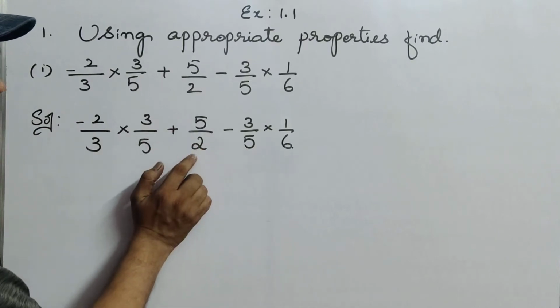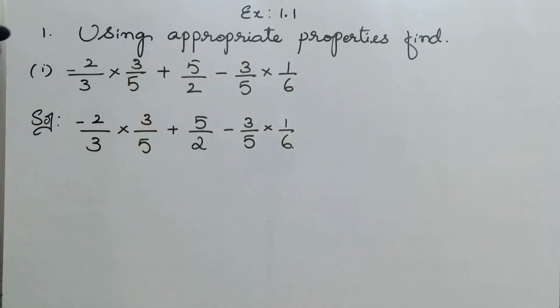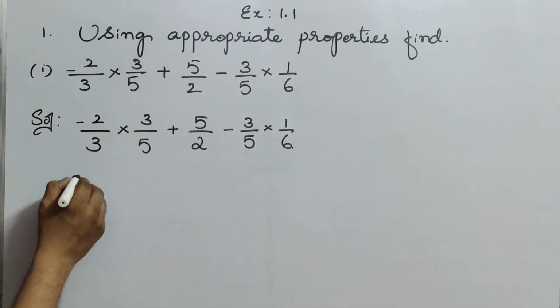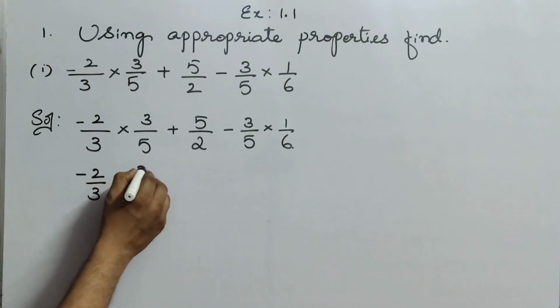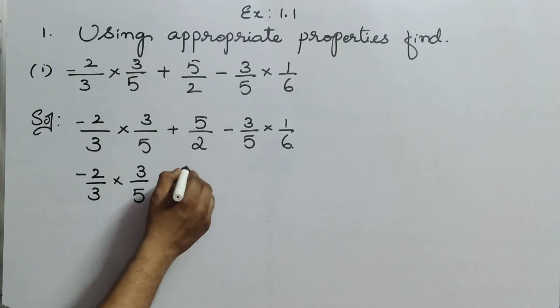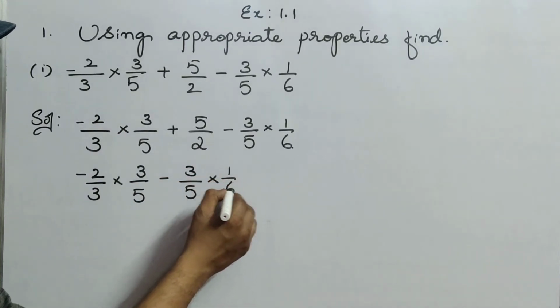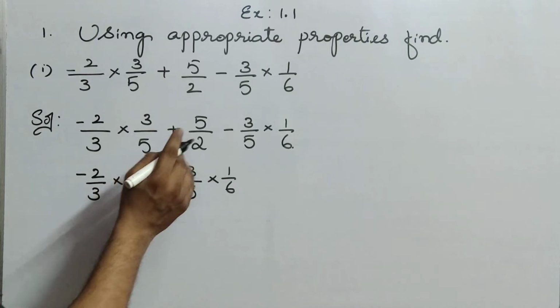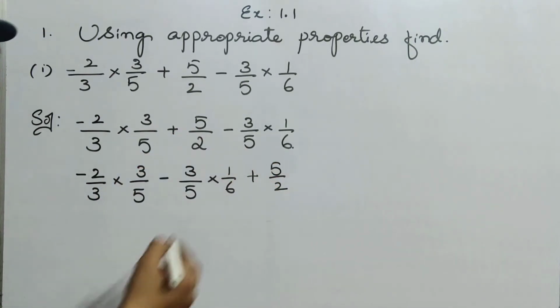But for 5 by 2, nothing. No one is there. So that's why separate this one first. Okay. So minus 2 by 3 into 3 by 5 minus 3 by 5 into 1 by 6. Okay. And separate this one, plus 5 by 2. Is it okay, children?